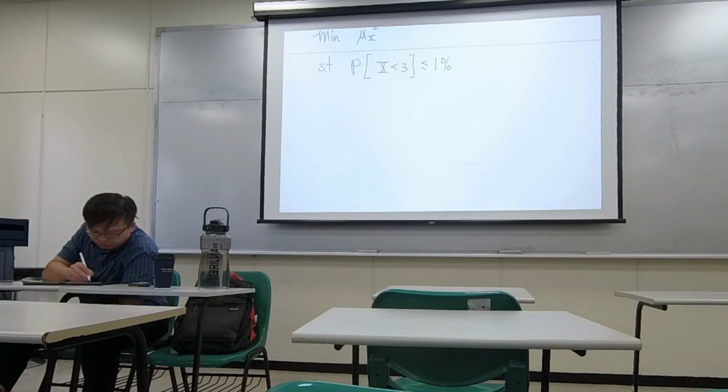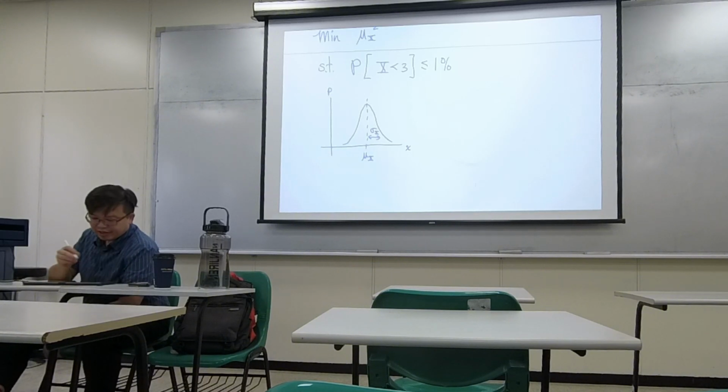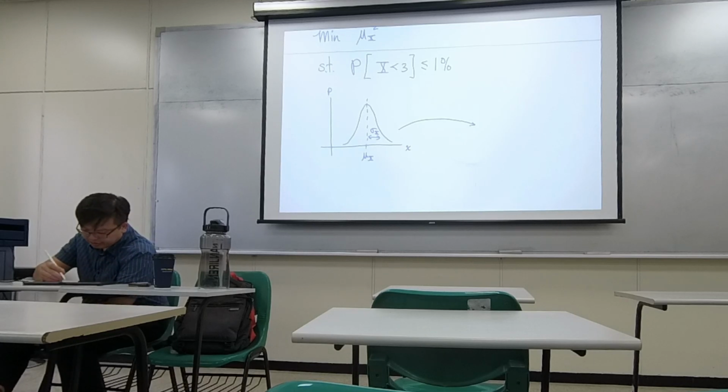So here is the original space. Here is x, and here is mu x. Here is just a probability density. Okay, we are going to convert this into a different space.